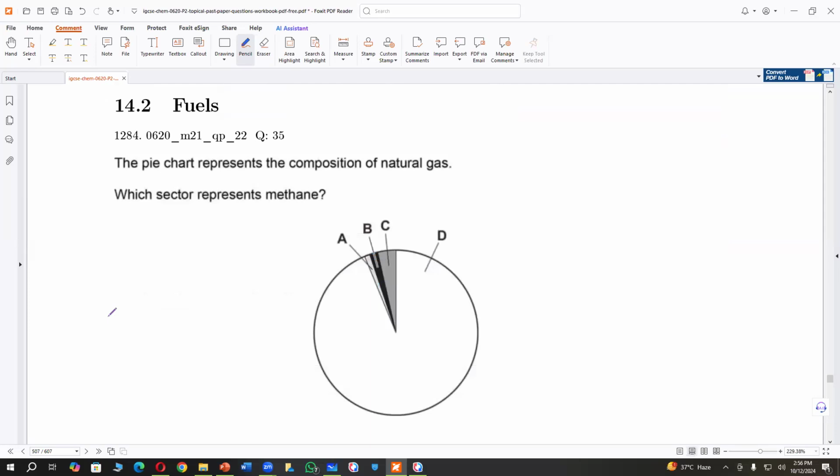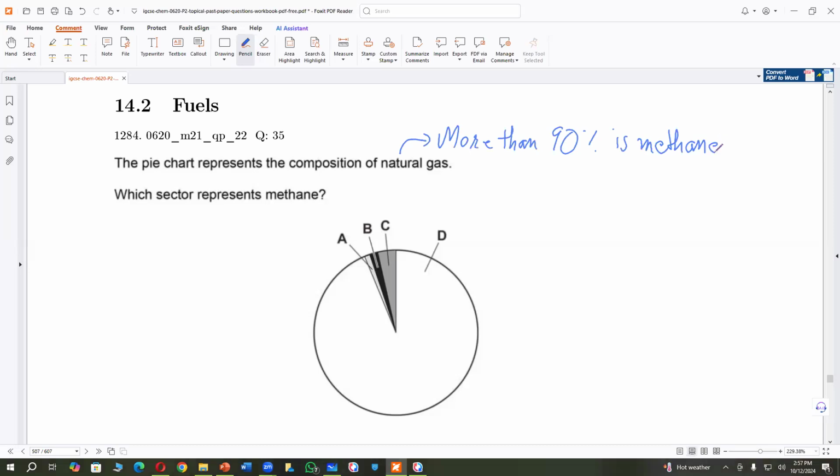The pie chart represents the composition of natural gas. Which sector represents methane? Natural gas is more than 90% methane. More than 90% is methane.